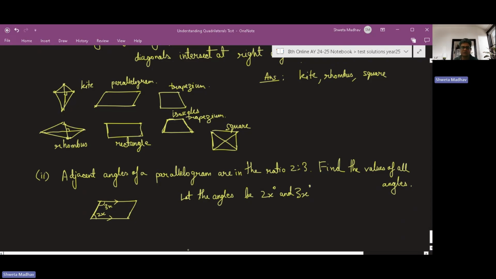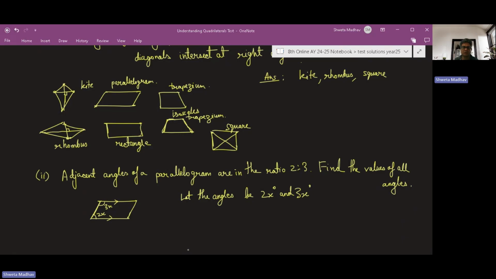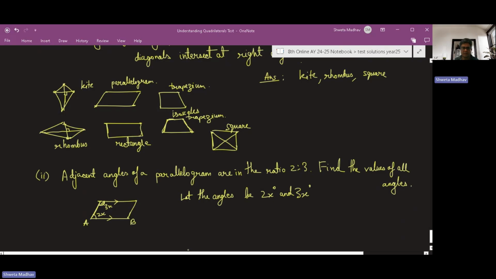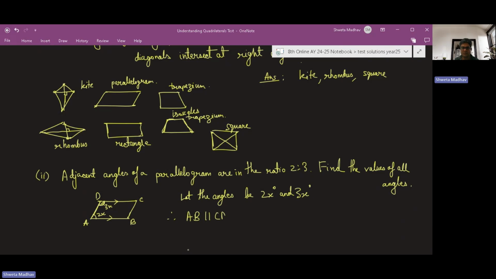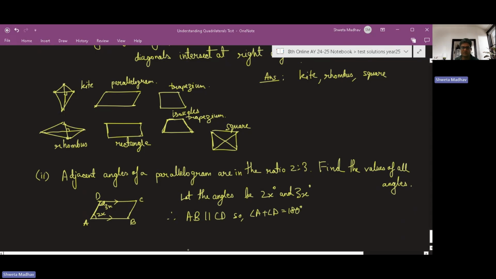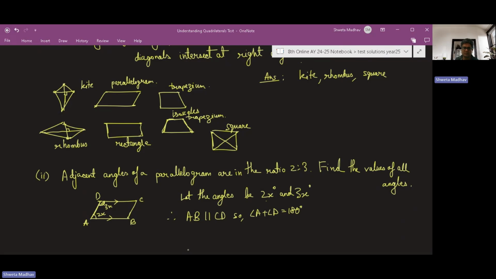So the sum of these two angles should be 180, since they are co-interior angles and the opposite sides are parallel. If we name the parallelogram ABCD, AB is parallel to CD, so angle A plus angle D should be 180 degrees. Angle A is 2x and angle D is 3x.